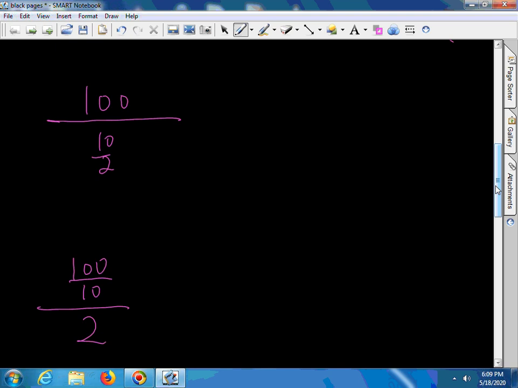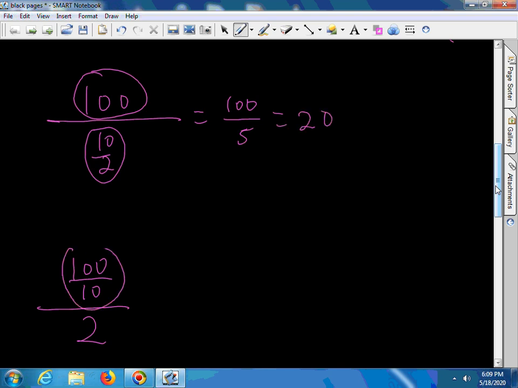That is, the top problem is saying you divide this number by that number. Then let's see, 100 is 100 and 10 over 2 is 5. So we get 20. Over here, we're dividing this number, which happens to be 10, by that number, which is 2, and we're getting 5.